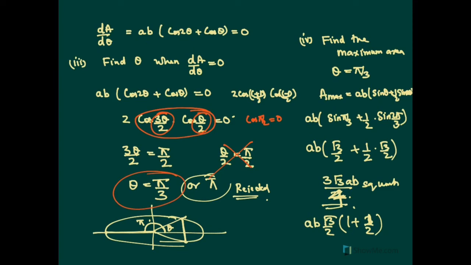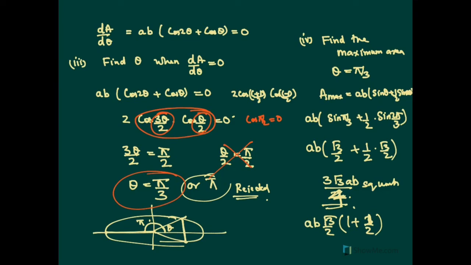Once we had theta equal to pi by 3, we substituted it back and we got the maximum area as 3 root 3 AB upon 4. We substituted theta as pi by 3.